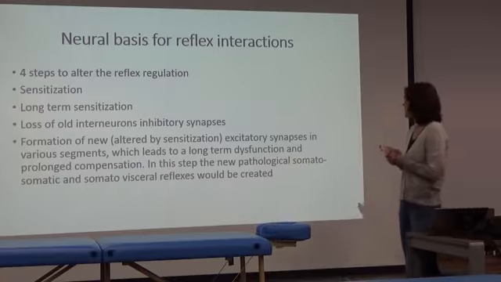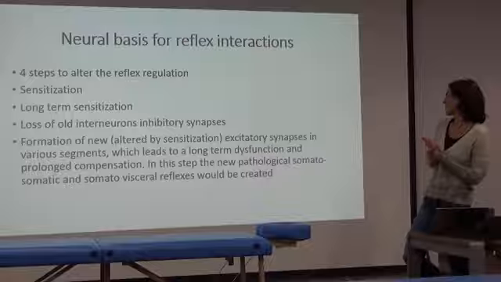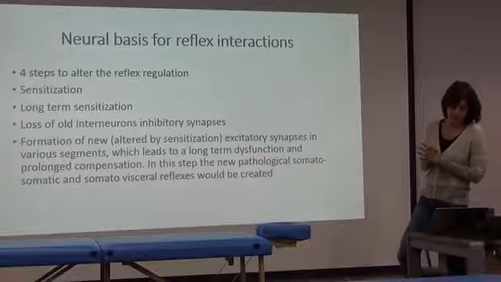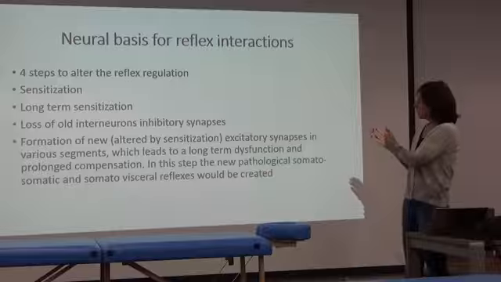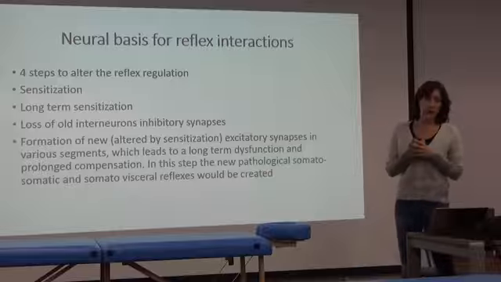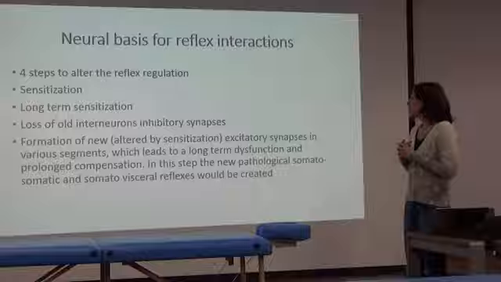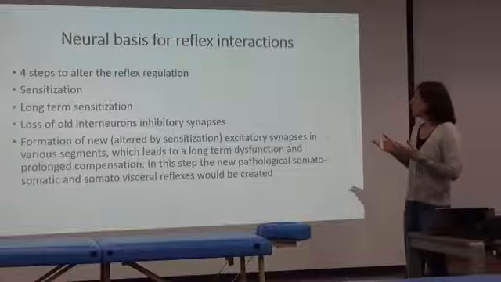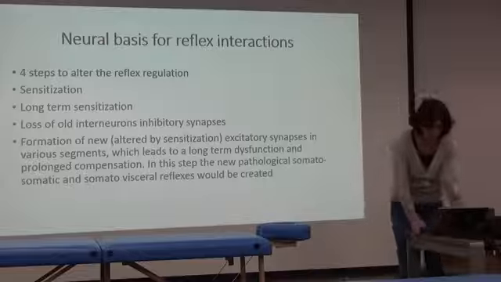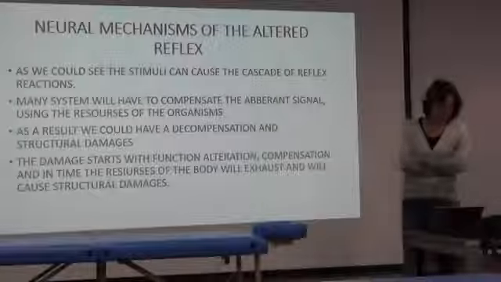In this step, the new pathological somatosomatic and somatovisceral reflexes would be created. This is exactly the explanation of the chronic pain, the explanation of the posture changes, the explanation why we have some visceral problems, and so on.